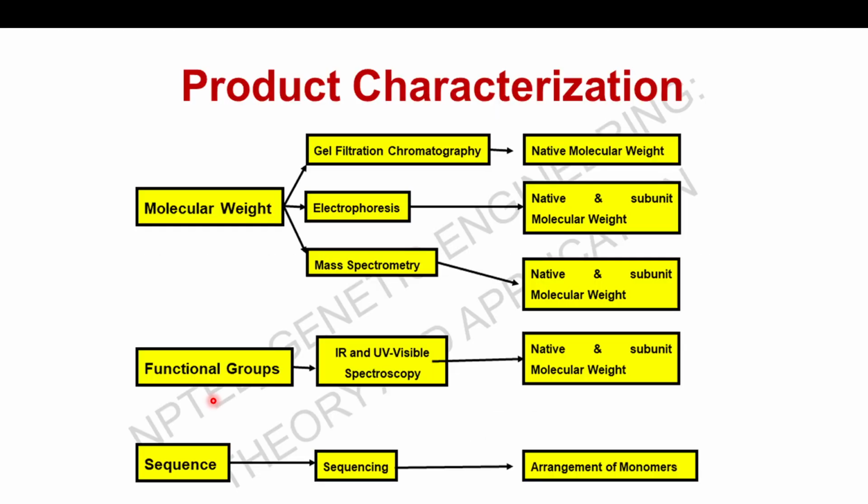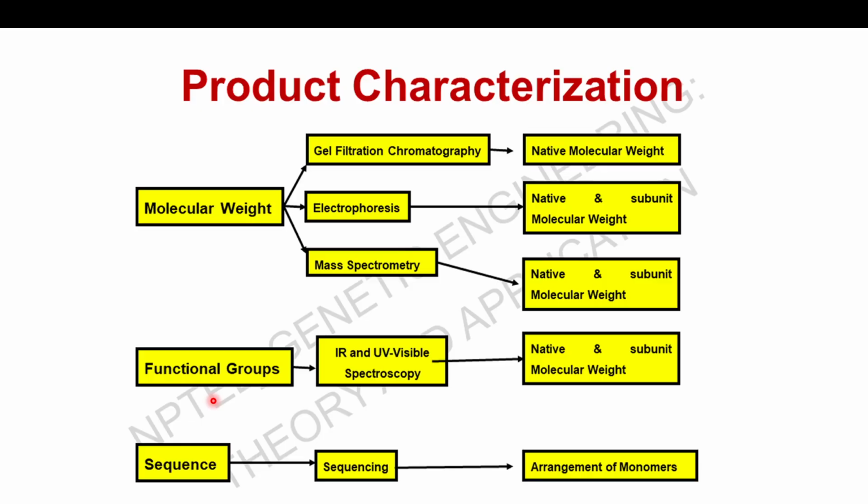So this week, again, as part of how we are going to characterize the product that we have purified, we looked very extensively into gel filtration chromatography, or size exclusion chromatography, to determine the native molecular weight, then electrophoresis and mass spectrometry.